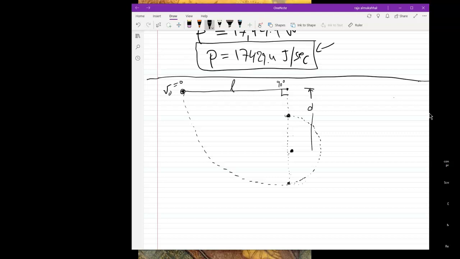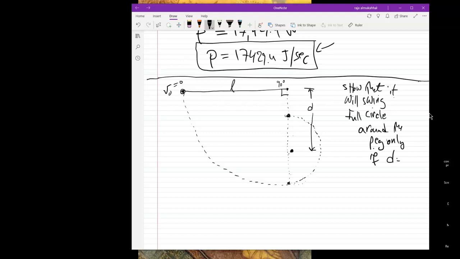That's a D. Show that it will swing full circle around the peg only if D is equal to 3L over 5 as a minimum value.